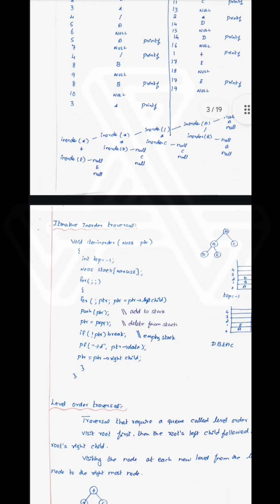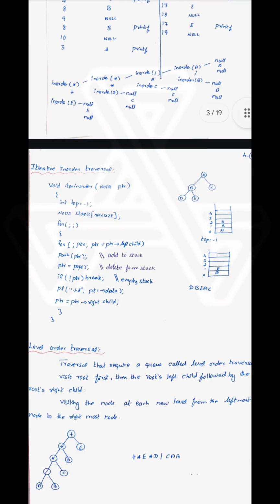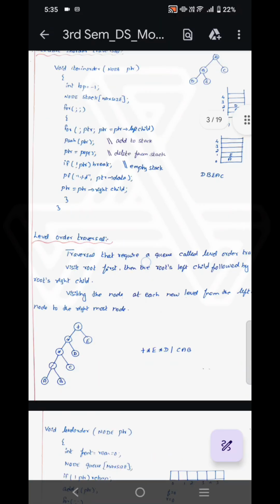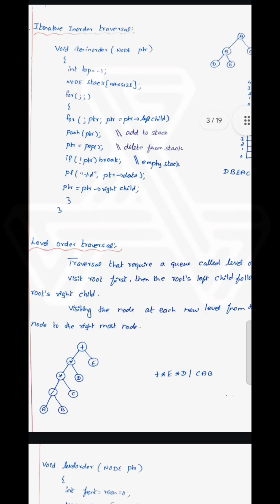Iterative inorder traversal will be like: void iter_inorder(node ptr), int top equals -1, node stack of max size. Here there is an infinite for loop. While ptr, ptr goes to ptr left child, push ptr, that goes to the stack.